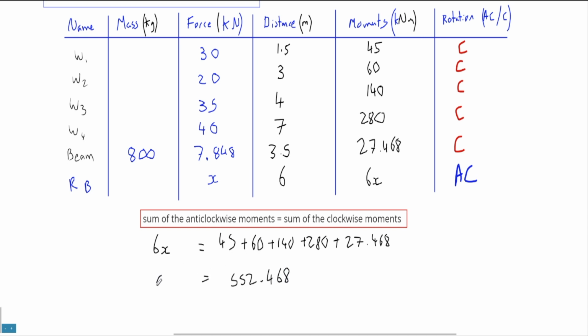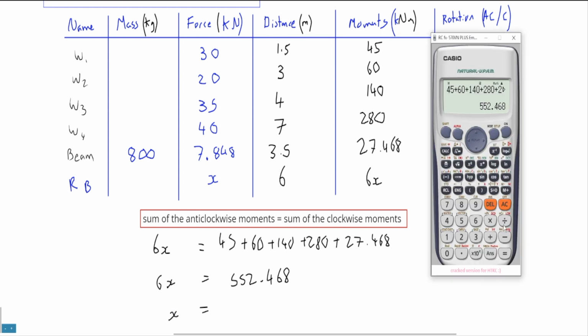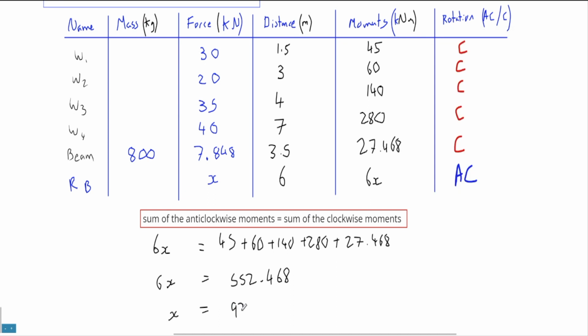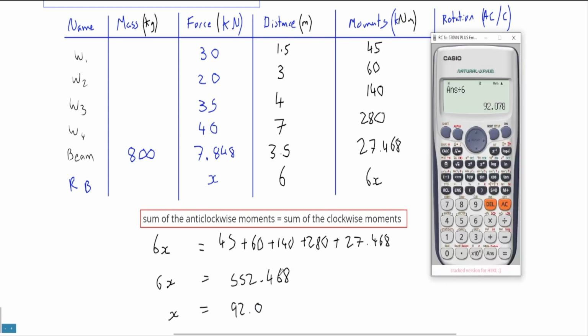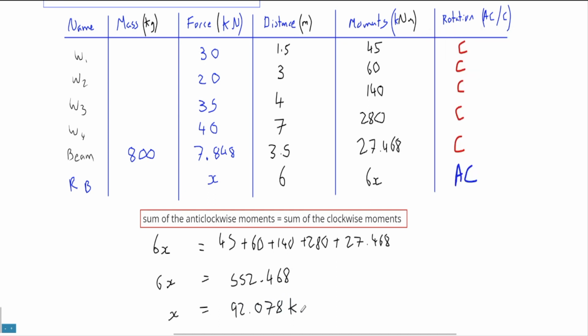Now we're trying to calculate x. Now x is actually the force in kilonewtons of the reaction force at B, which is what we need. So x is equal to the whole thing divided by 6, which is 92.078 kilonewtons. This is the reaction force at B.